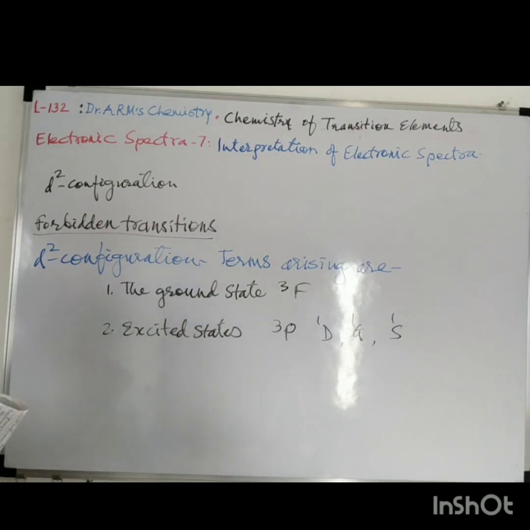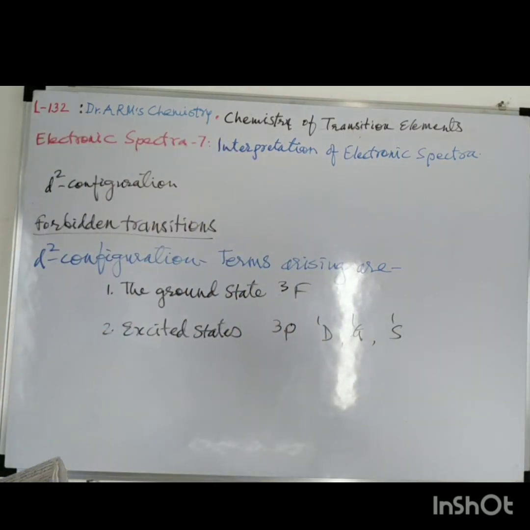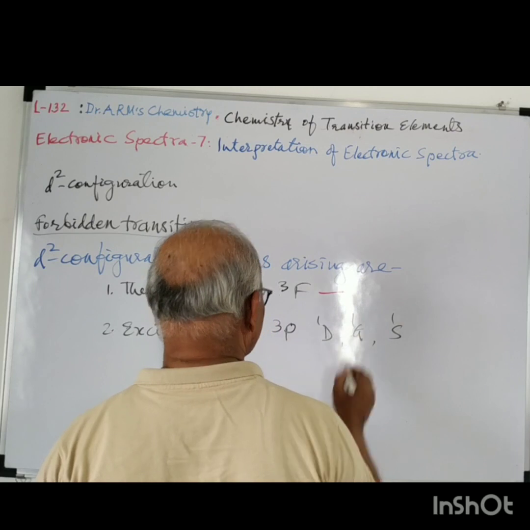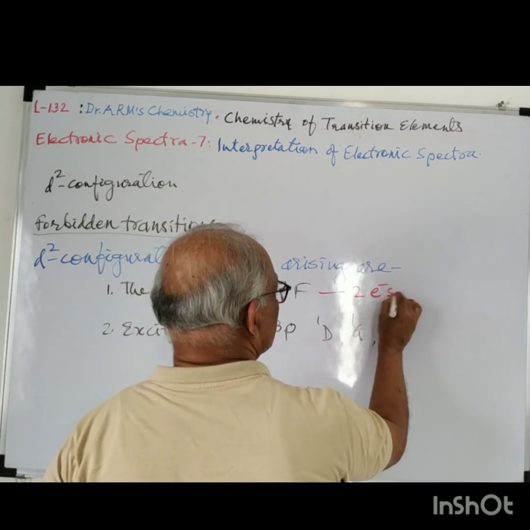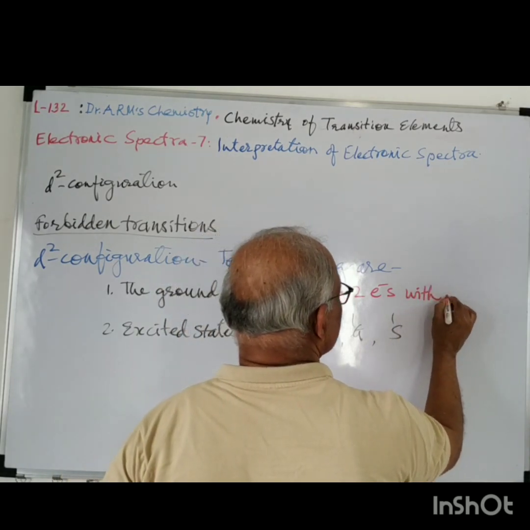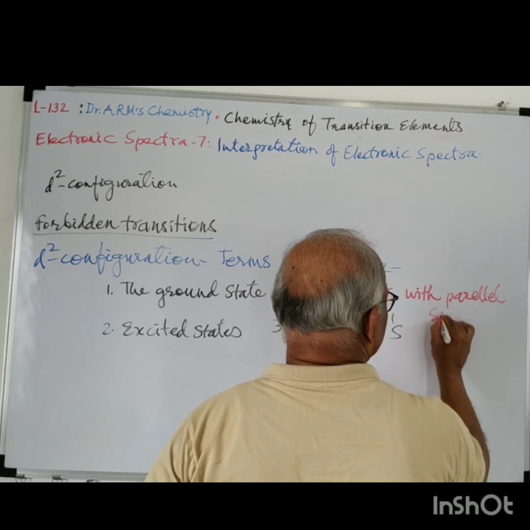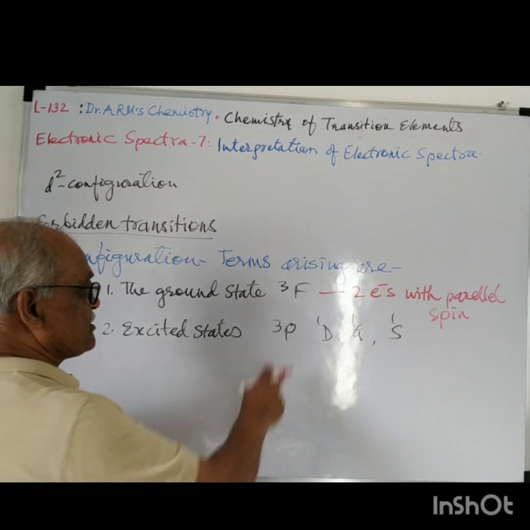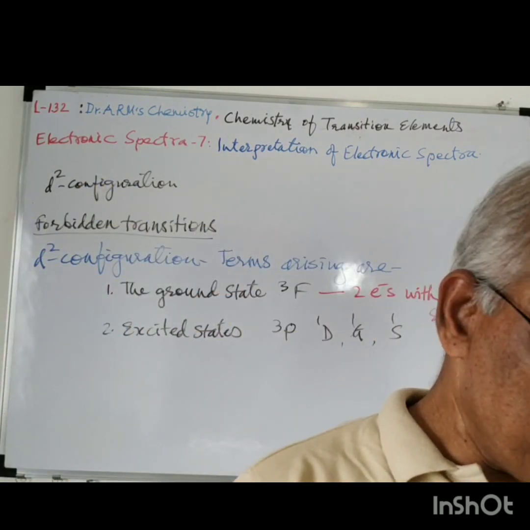In the ground state, this triplet F contains 2 electrons with parallel spin, because the spin multiplicity is 3.